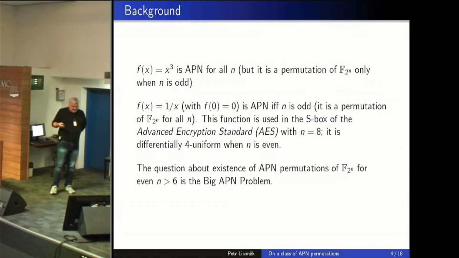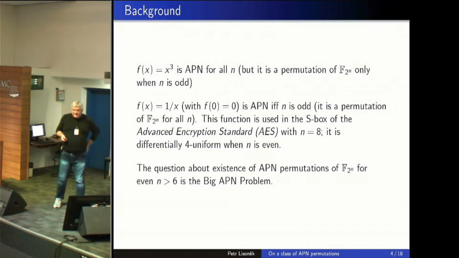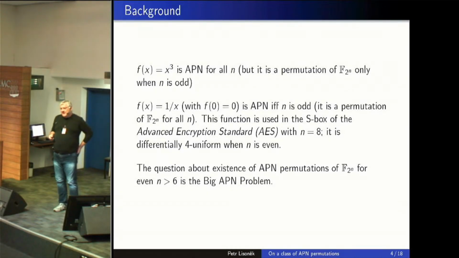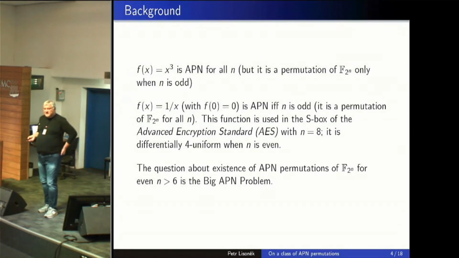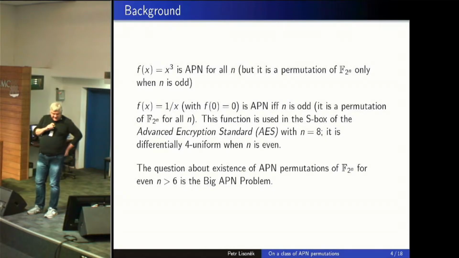Vice versa, the field inverse function is always a permutation, but it's APN only when n is odd. There's also this famous application of it in the substitution box of the Advanced Encryption Standard in dimension 8.